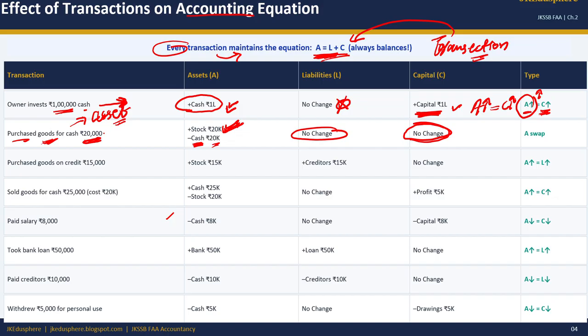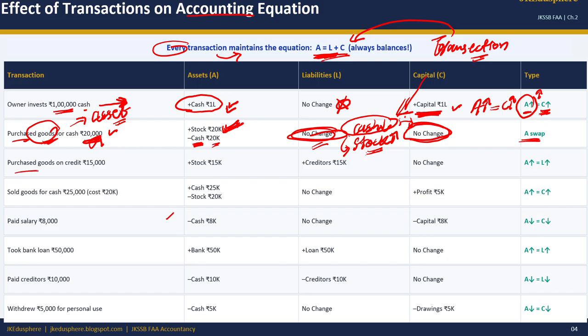You must be thinking that we have bought goods for 20,000, but cash is gone, cash decreased and stock increased. This is the way cash is given in return for stock, so there is no change in capital. There is no change in liability either. We have not taken any loan. So it is a swap.